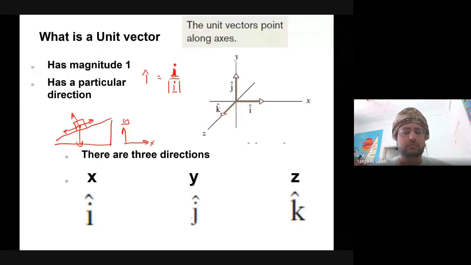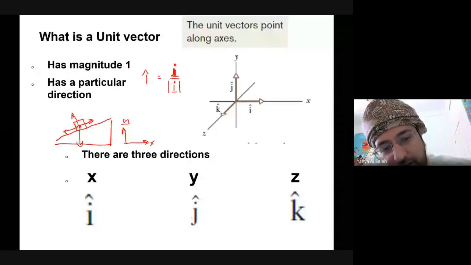My head hurts. What if, bear with me, crazy idea, what if instead of my IJK being along the XY axis that are like this, I choose this direction to be I, this direction to be J. What happens then?